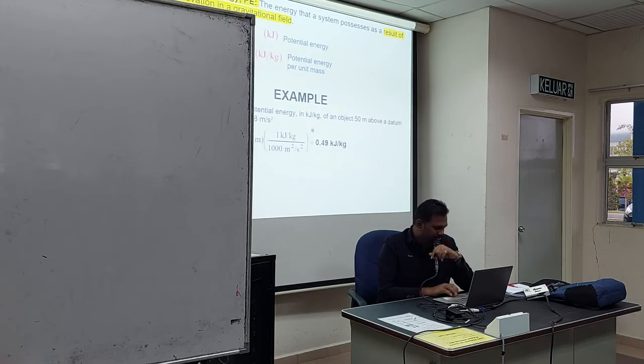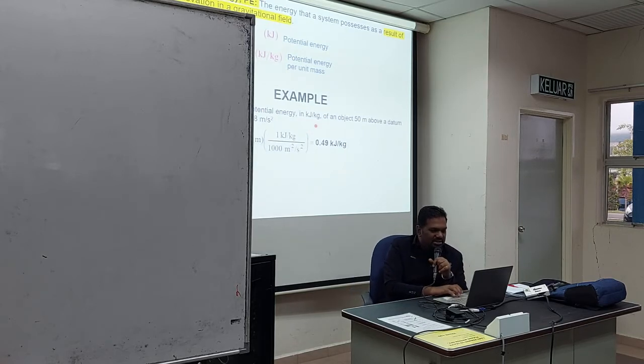Okay, so example, determine the specific potential energy in kJ per kg of an object 50 meter above a datum in a location where gravity equals to 9.8 meter per second square. Okay, so apply dalam formula tadi. So formula dia adalah gz. So G adalah 9.8, Z adalah 50 meter. Ini adalah unit conversion. So you dapat 0.49 kJ per kg.